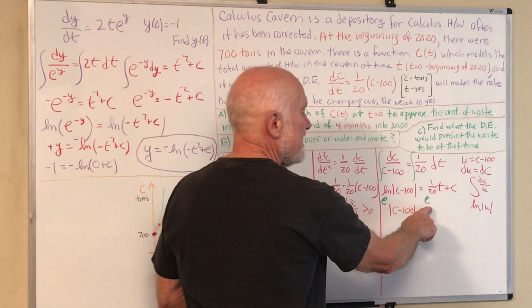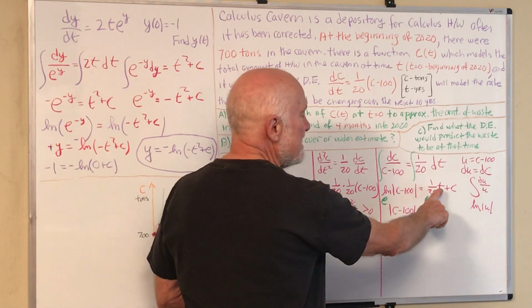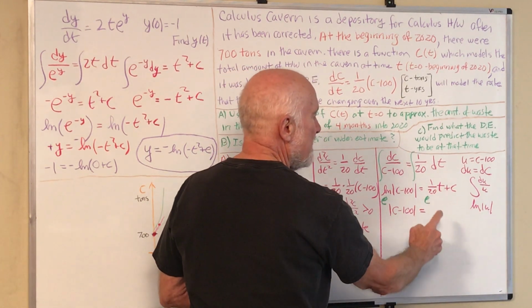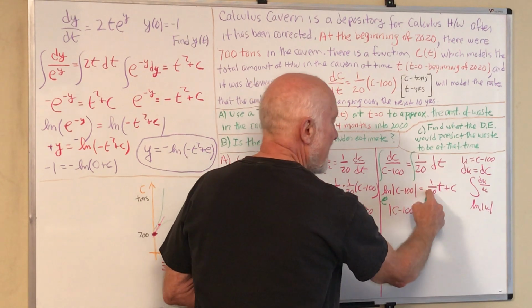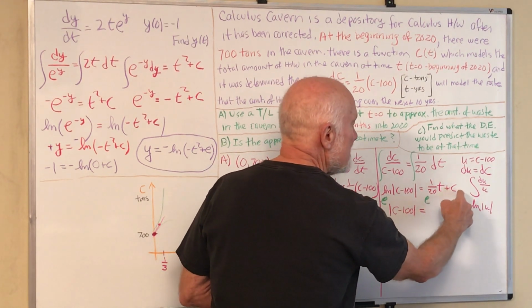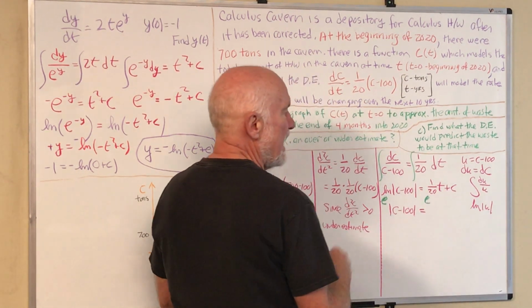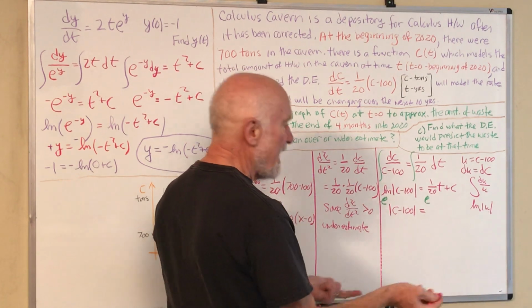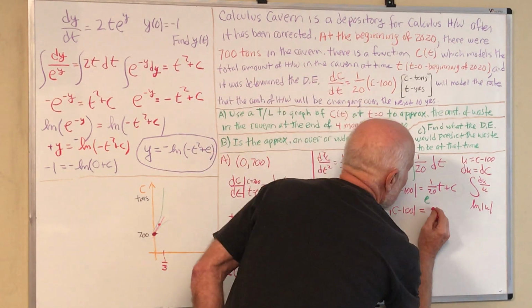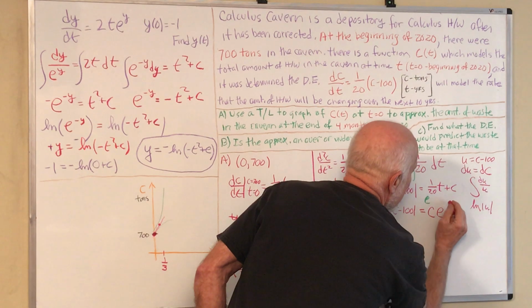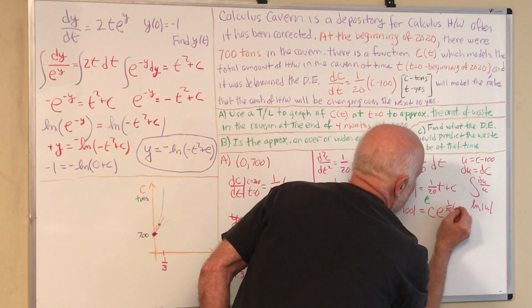On this side, we've done this before, e to the a plus b is e to the a times e to the b. And e to the c is just a constant, so I can just call it c e to the 1/20th t.